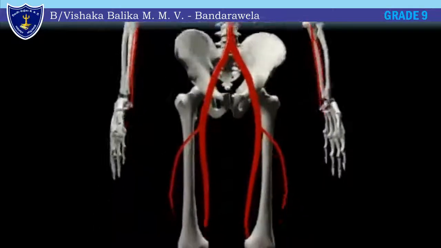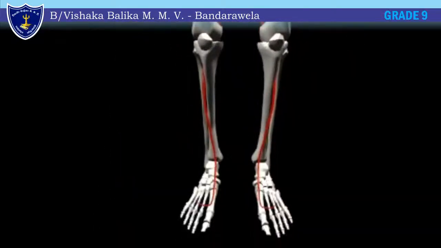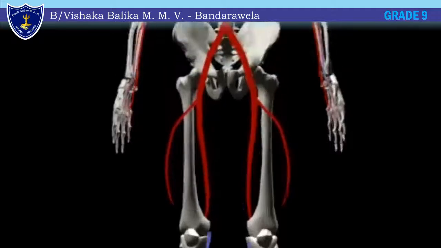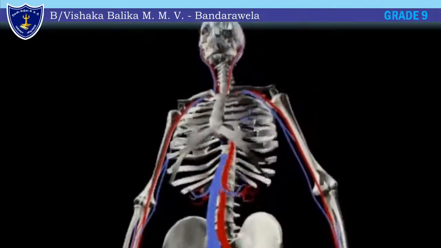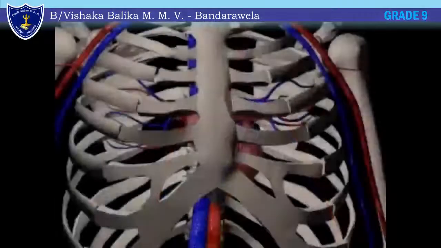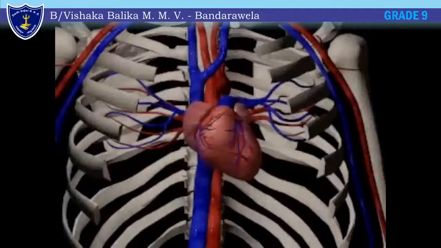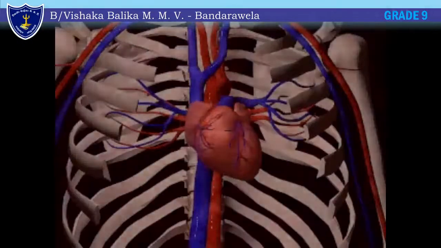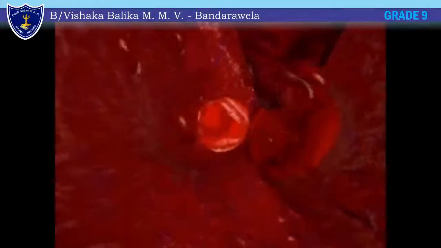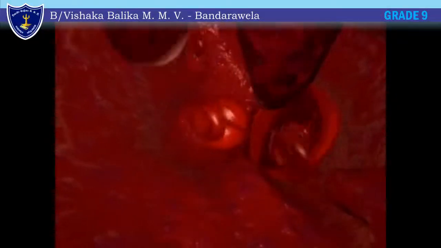This is how the blood vessels run around the body, the tube system. Finally, it comes to the main organ, the heart. It is a pump that pumps the blood, and this is the journey of blood.